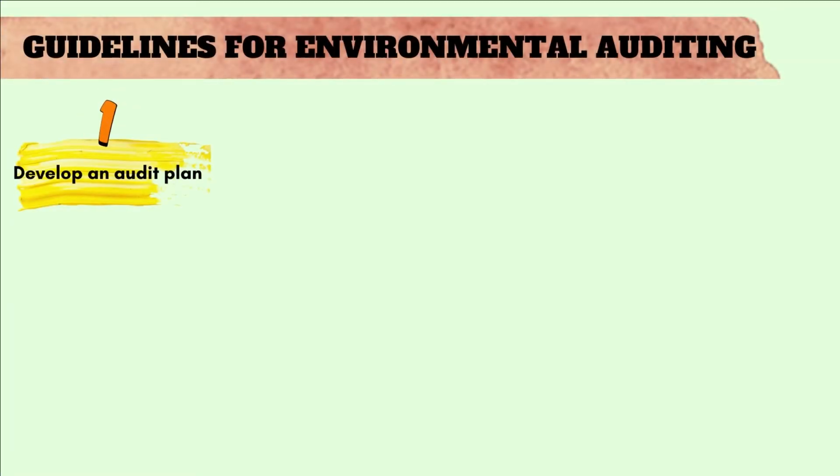Next, we move to the guidelines of environmental auditing that consist of 7 steps. First is the development of an audit plan. The audit plan should address 5 components, which are where, what, how, who, and when. Where: audit site and boundary width overview.